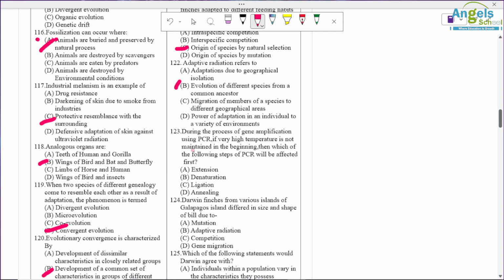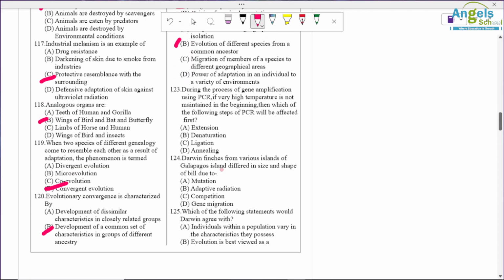B is correct. During the process of gene amplification using PCR, if very high temperature is not maintained in the beginning, then which of the following step of the PCR will be affected first? So, if in the beginning high temperature is not maintained, the denaturation does not occur.